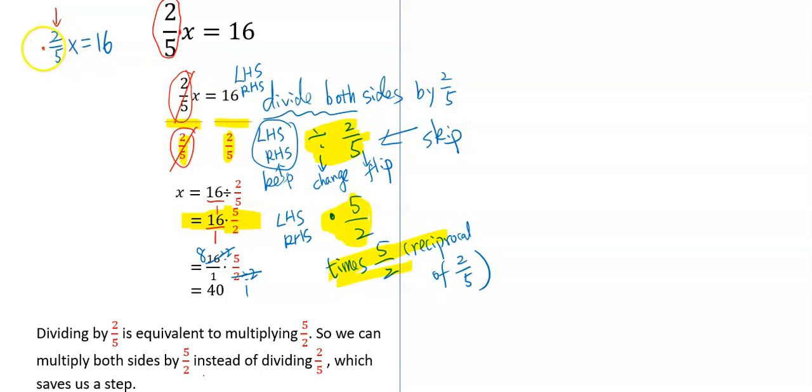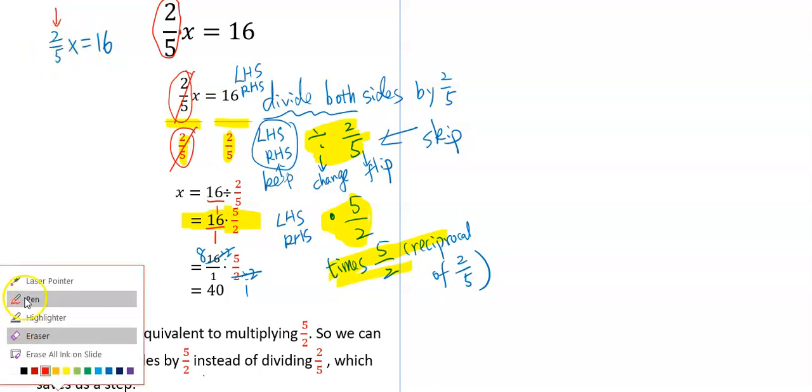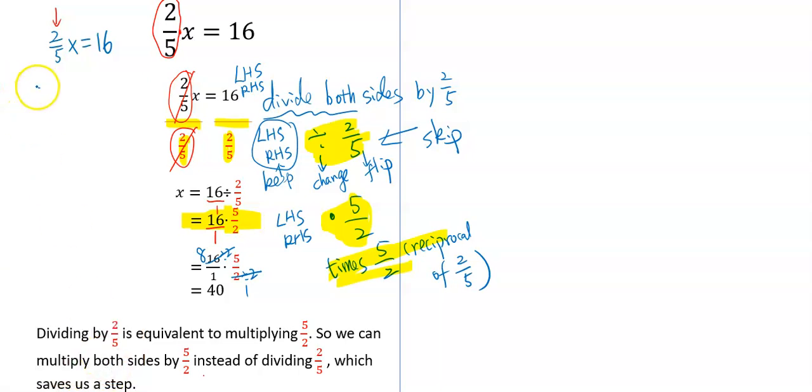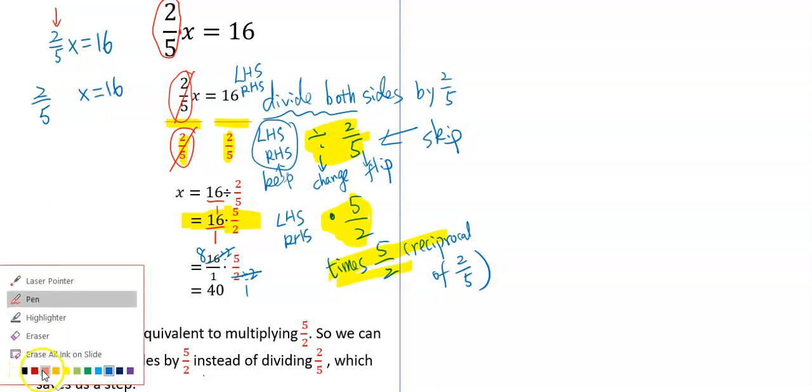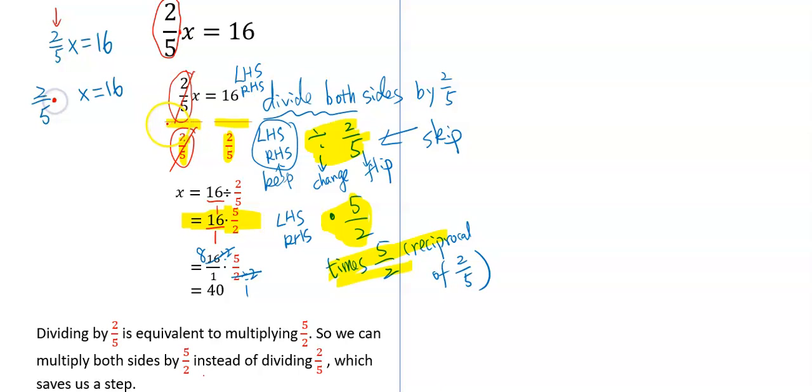If it confuses you, you could put it right here, times 5/2. Let me rewrite it because it looks a little messy. The original problem was 2/5 x. I'm going to leave a little space between 2/5 and x because I need to multiply by its reciprocal. Again, we're not going to do division.